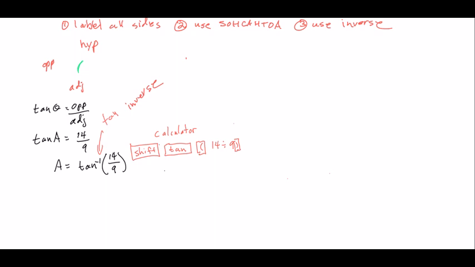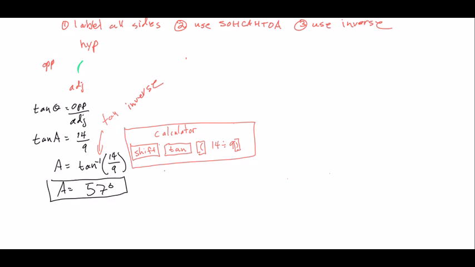And that calculation will give us the following answer. A is 57 degrees. And please remember, we always compute angles to the nearest degree.